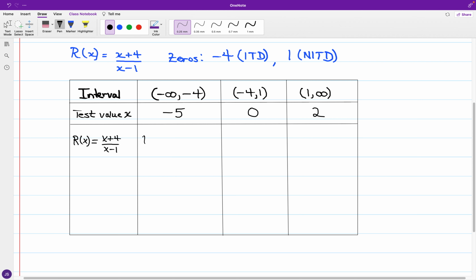So for r of negative 5, if I plug in negative 5 for x, I have negative 5 plus 4 is negative 1, and negative 5 minus 1 is negative 6. Notice a negative over a negative is a positive. So r of negative 5 comes out to a positive 1/6.